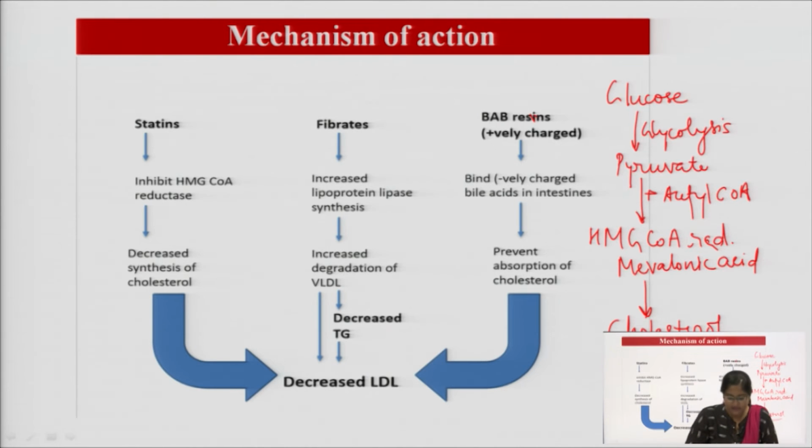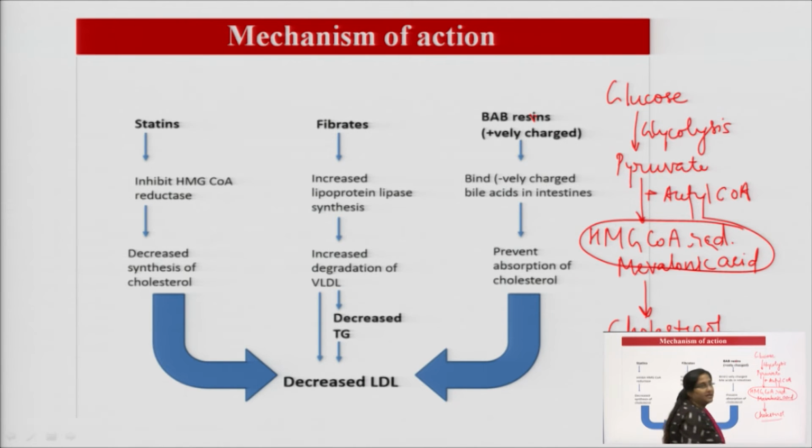Statins work here. Statins, what do they do? They inhibit this HMG coenzyme A reductase and stop the cycle here so that it cannot further form cholesterol. So, if a person is suffering from hyperlipidemia, he can be given statins. Statins stop the cycle at the point where HMG coenzyme A reductase forms mevalonic acid.